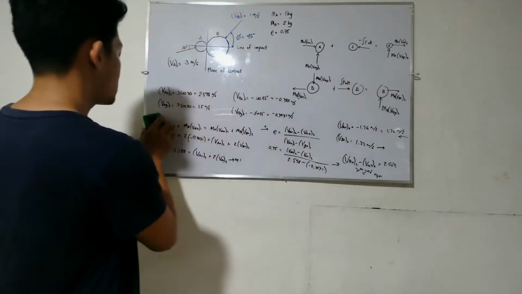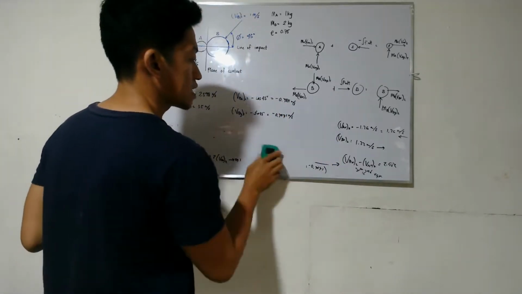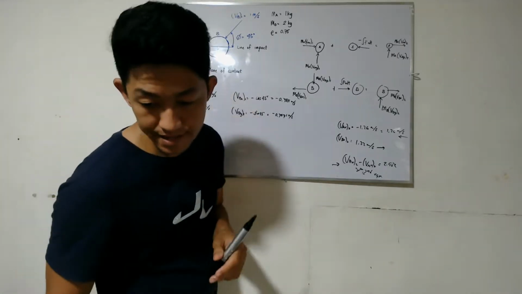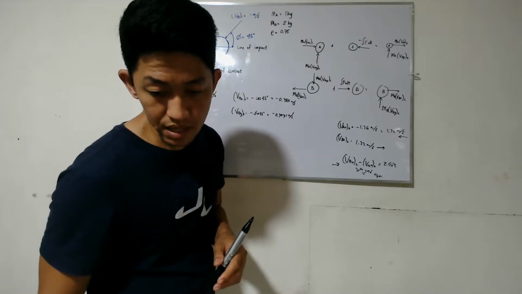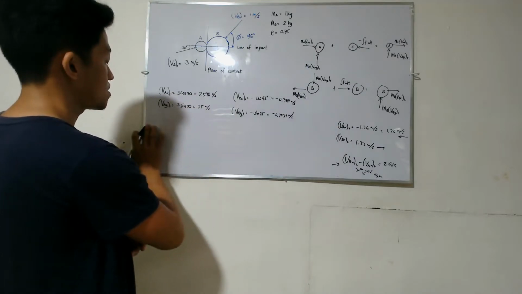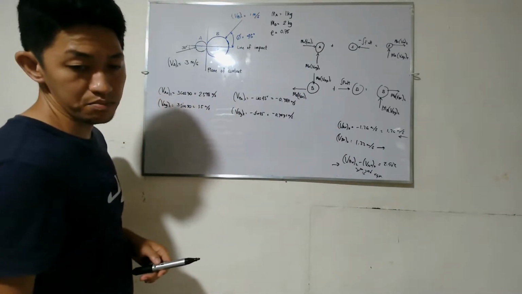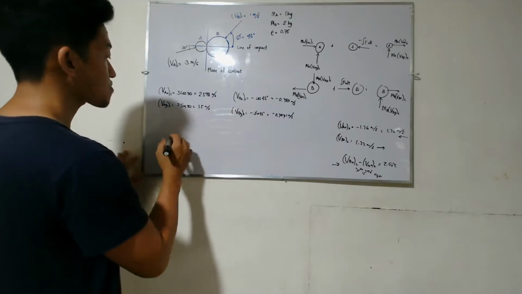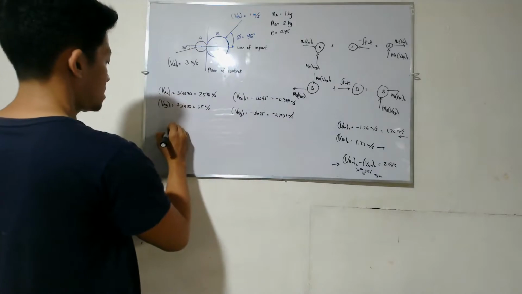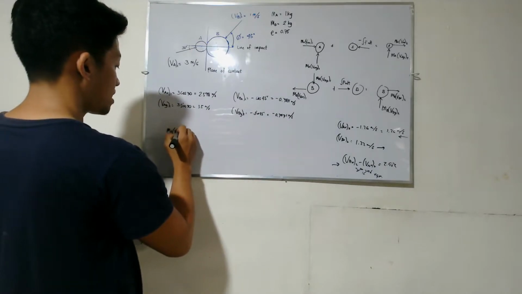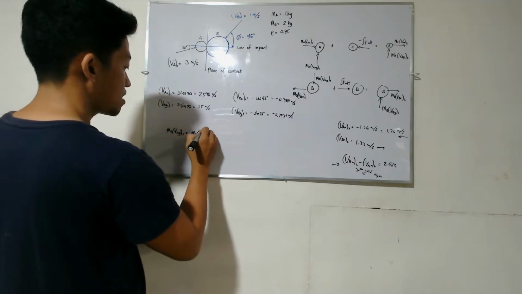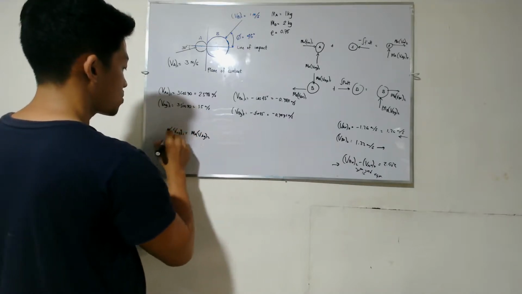So, we will now get the component along Y. Now, for the component along Y, based on our previous discussion, there are no impulses along Y. So, therefore, MA VAY1 is just equal to MA VAY2. Cancel.